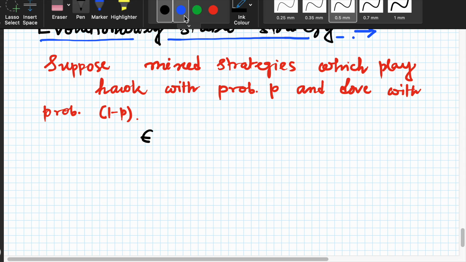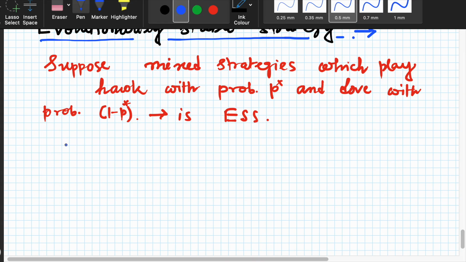Let me introduce p, as it will be very useful for writing. Suppose that a mixed strategy p star and 1 minus p star is the evolutionarily stable strategy, ESS.